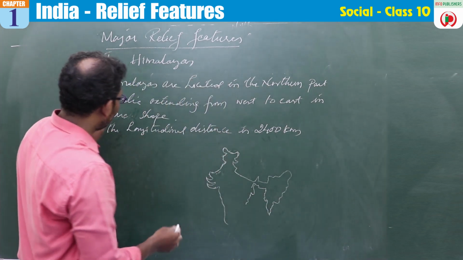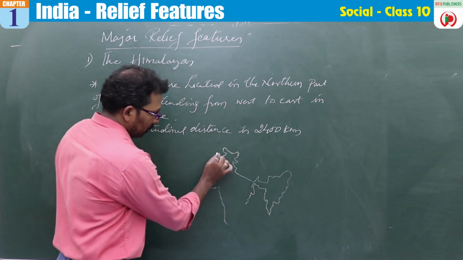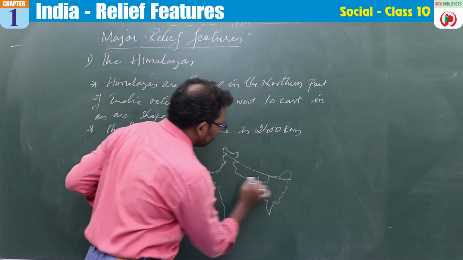So what it says? They are extending from west to east, that too in an arc shape. So this is the arc shape.